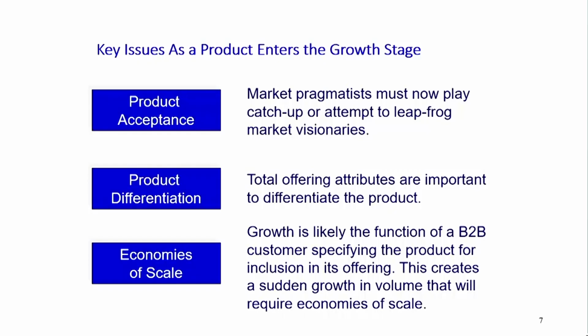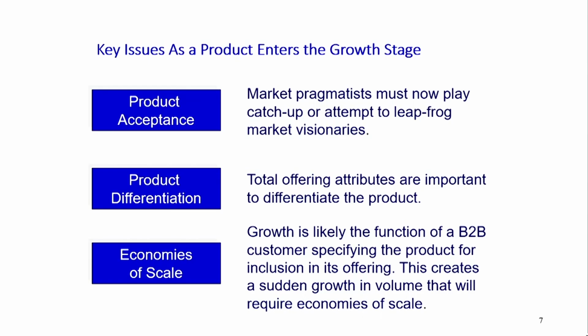Then there will be focus on product differentiation, as I just now discussed. So, there will be more and more feature based competition, and then that will lead to economies of scale oriented, cost optimization oriented, operational excellence oriented efforts.